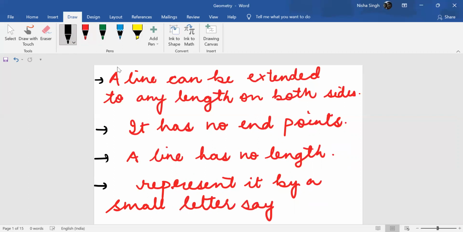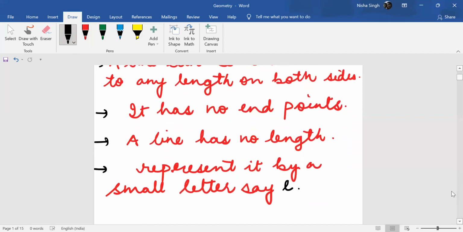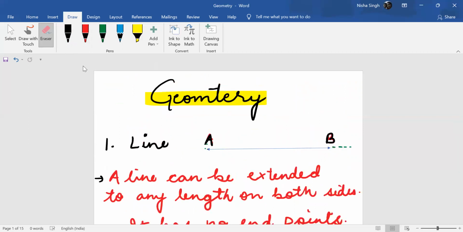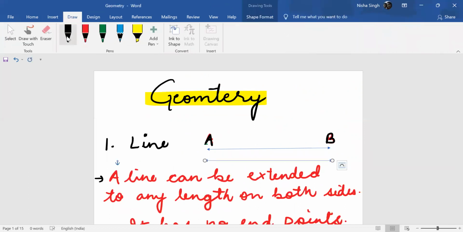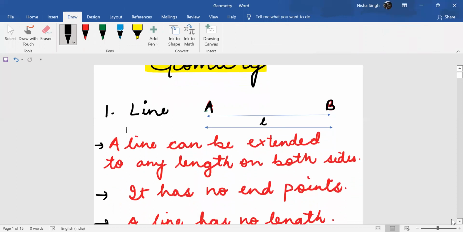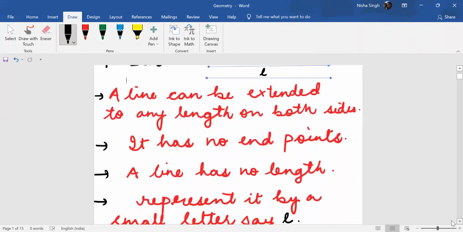For example, you can see that here I have made one line for which I have given the names A and B. Now I'm making another line. I have not given any name to it. So you can give it a name, small l. Okay, so this line you can denote by l.